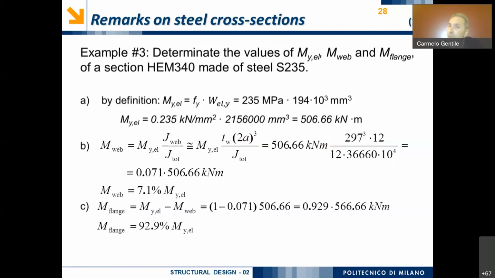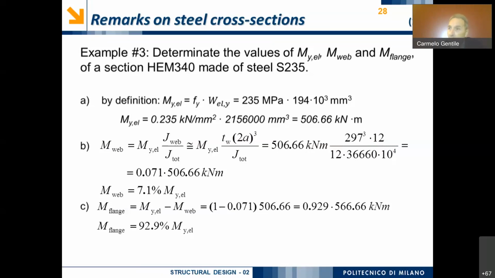This is very important in practice, because it says to us that if we are dealing with an I-beam and I want to obtain a connection between that I-beam and another kind of beam, if I want a connection transferring also the bending moment, I have to connect also the flanges.